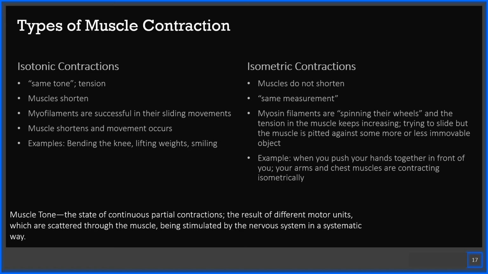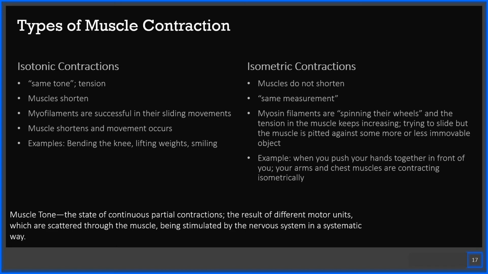Isometric is when muscles do not shorten, they stay the same. However, myosin filaments are spinning their wheels and the tension in the muscle keeps increasing, trying to slide, but the muscle is pitted against some more or less immovable object. The example in the book, which is a pretty good one, is when you push your hands together in front of you and your arms and chest muscles are contracting isometrically.